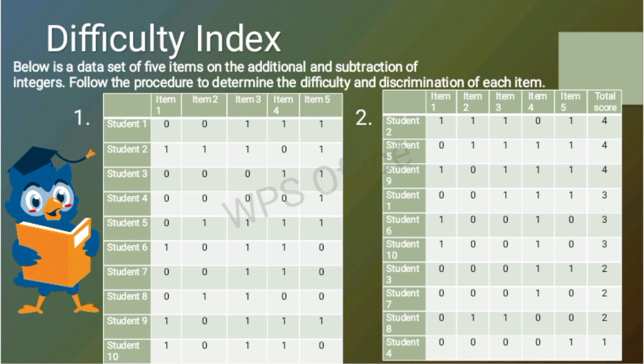Get the top 3 students and the bottom 3 students based on their scores. The top 3 students are students 2, 5, and 9. The bottom 3 students are students 7, 8, and 4. The rest of the students are not included in the item analysis.